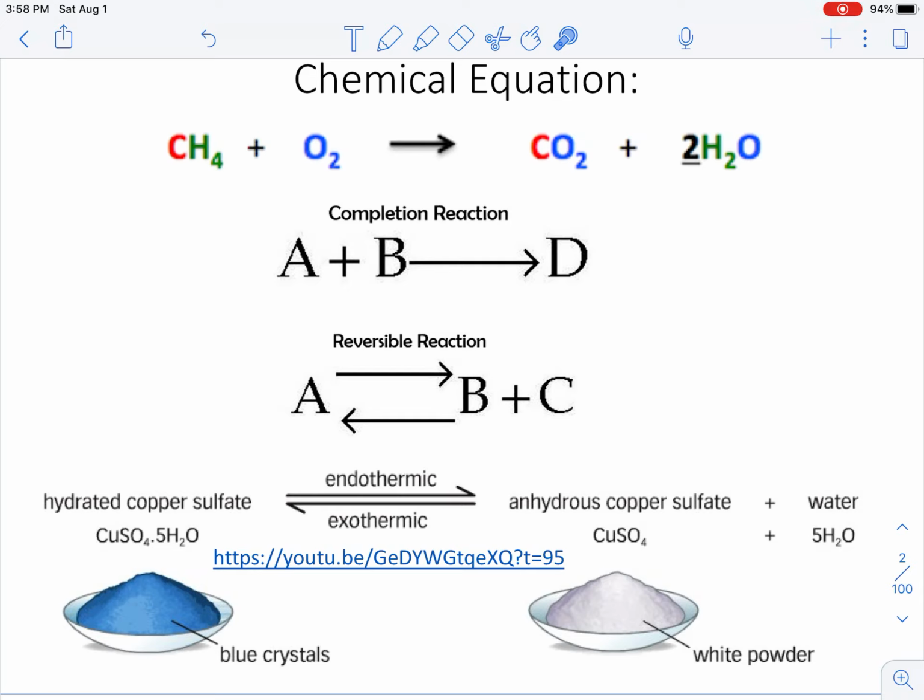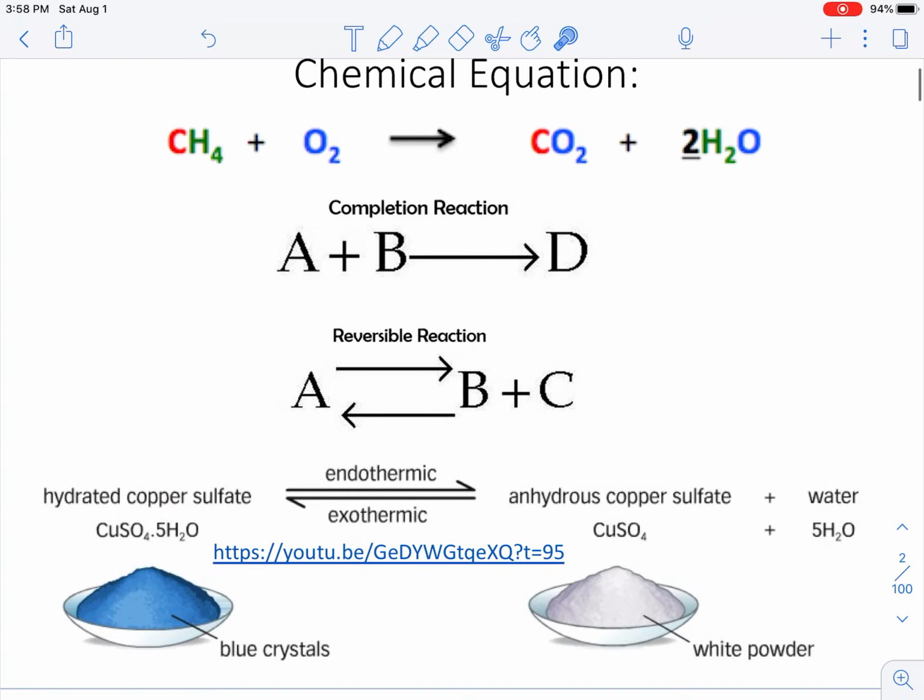For this specific example, we have copper 2 sulfate pentahydrate. Due to the geometry of the crystal and the orientation of these water molecules that surround the copper 2 sulfate, the color of this hydrated substance is going to be blue.